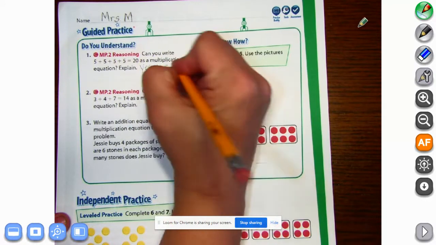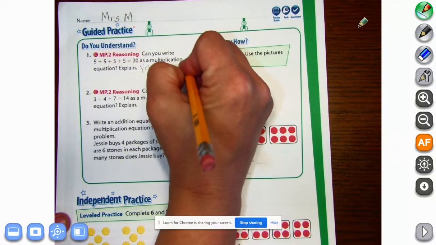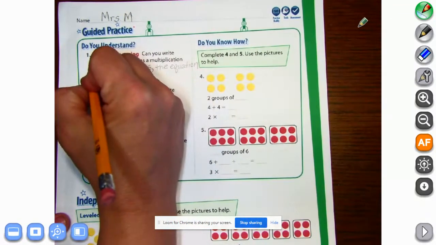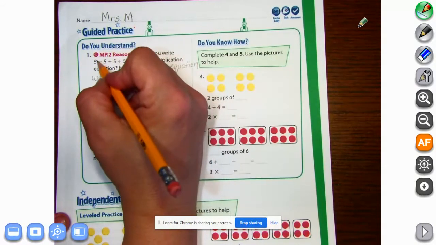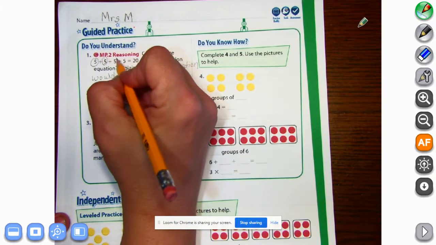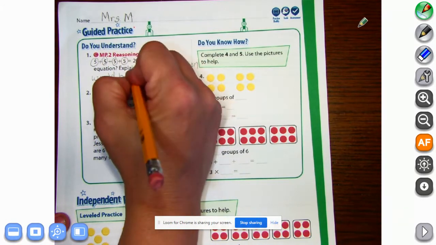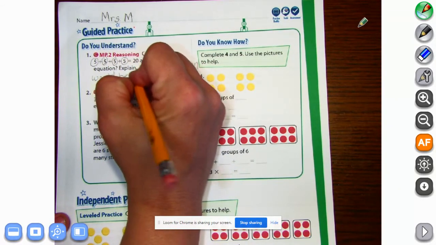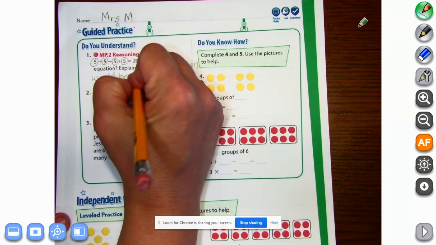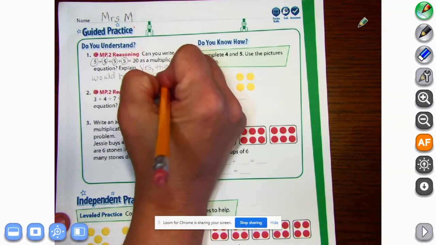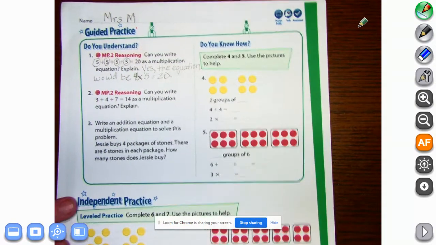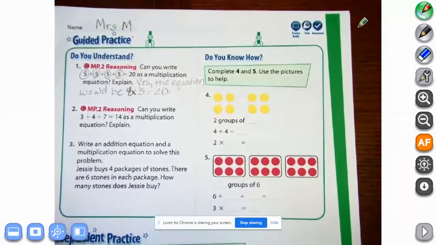The equation would be, and so we're going to count how many groups. We have 1, 2, 3, 4. 4, oopsie, there was my pencil. 4 groups of, the group size is 5, equals 20. Can you see that all right?